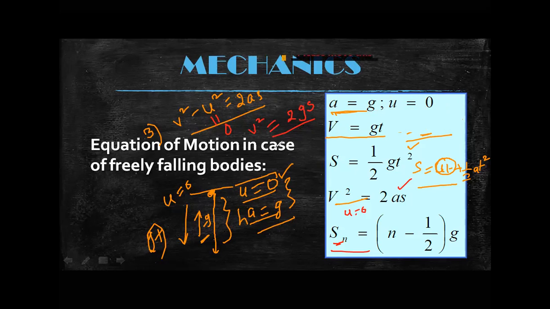So these are the things you have to remember. The first four equations you have to remember. The situation we have discussed now is freely falling bodies. You should remember these two conditions, these two things you have to substitute. If you remember those four equations, you just substitute and you get these four equations.